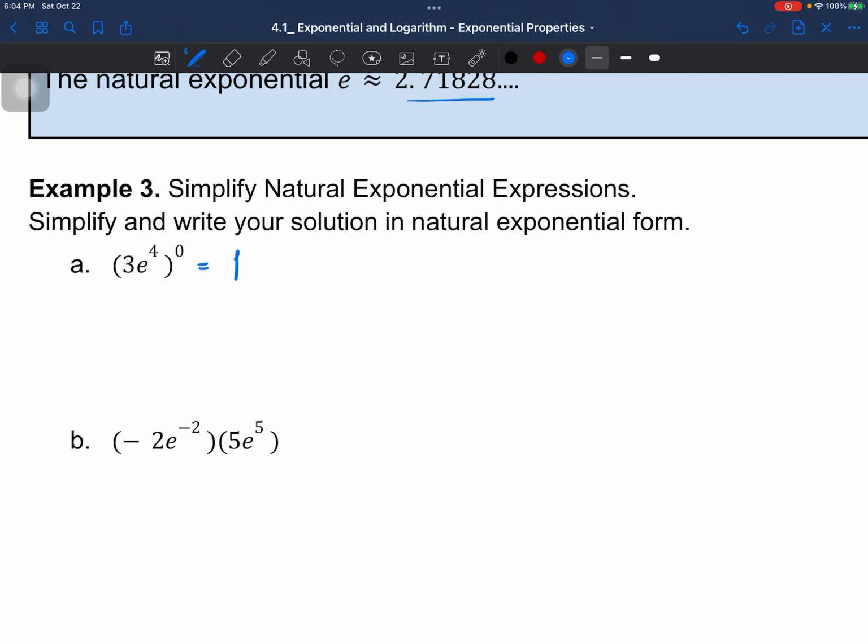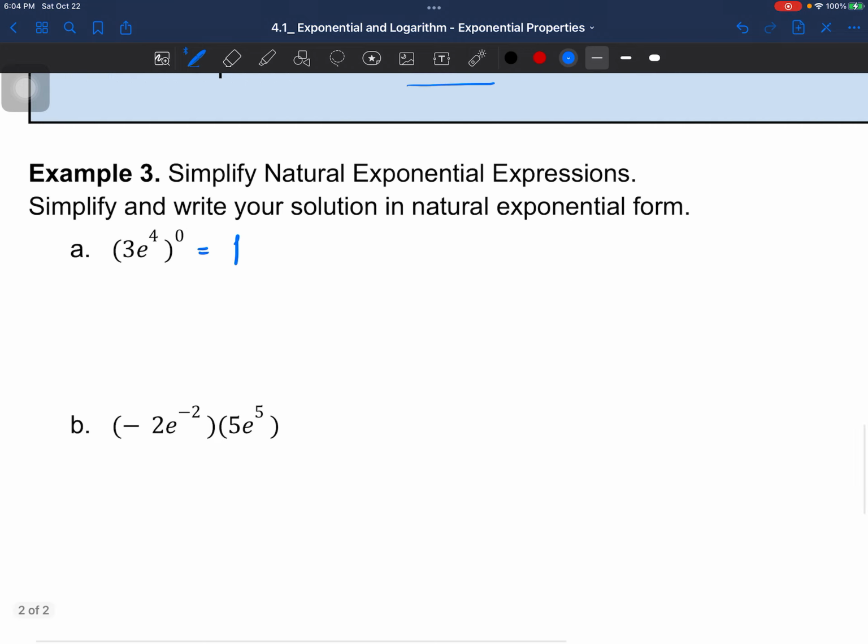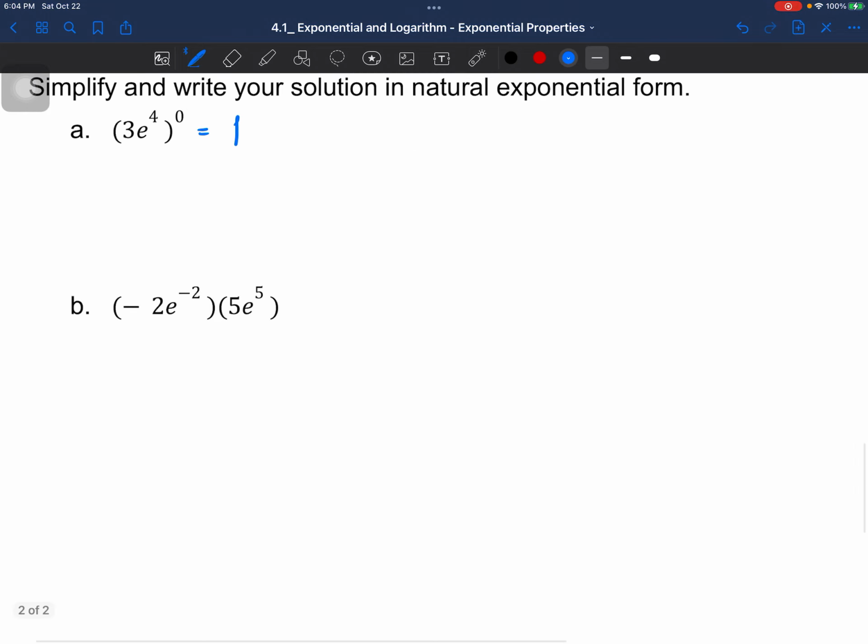So in the first example here, we're asked to find 3 times e to the 4 raised to the 0 power. Well, remember that anything raised to the 0 power is going to be 1. And the next one, we have multiplying these two numbers. It's the same thing as negative 2 times e to the negative 2 times 5 times e to the 5. Everything's being multiplied here.